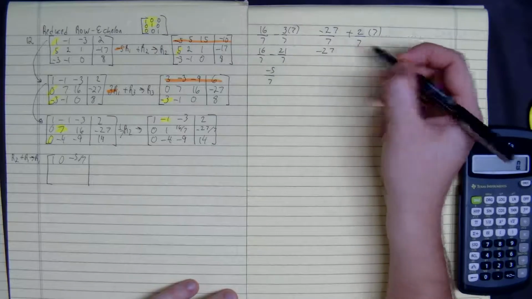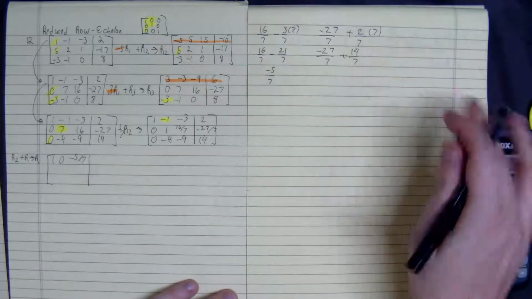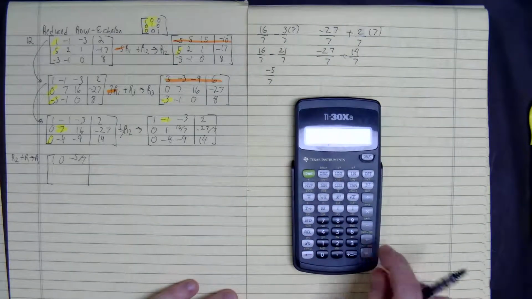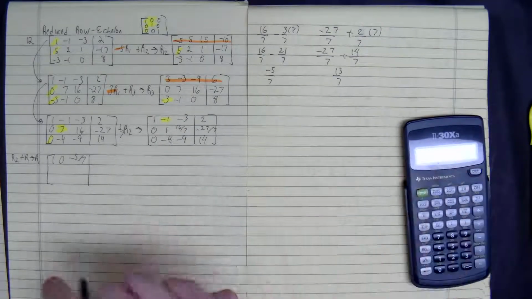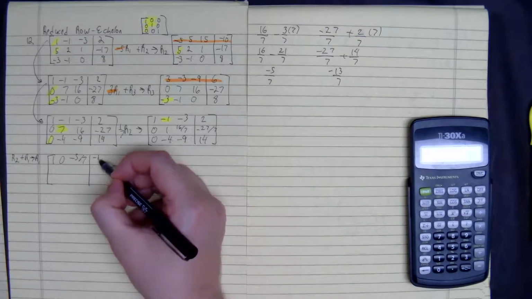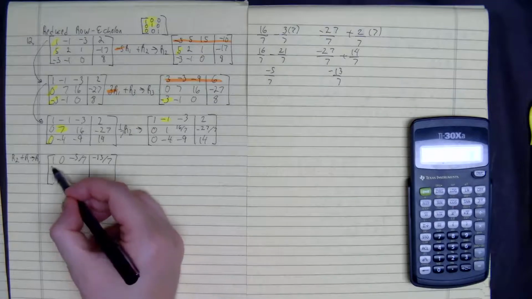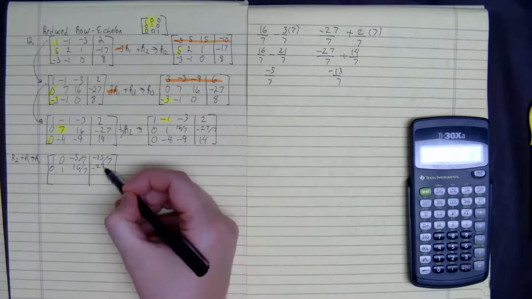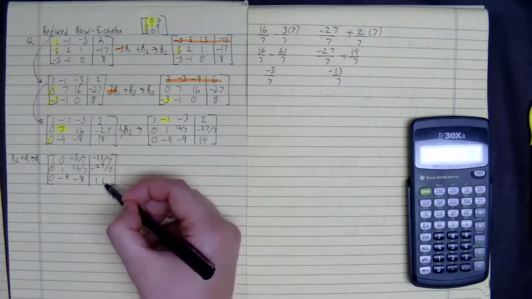Negative 27 over 7 plus 14 over 7. 27 minus 14 gives you 13 sevenths. So we get a negative 13 sevenths right here. And everything just follows suit the same. 0, 1, 16 sevenths, negative 27 sevenths, 0, negative 4, negative 9, 14.